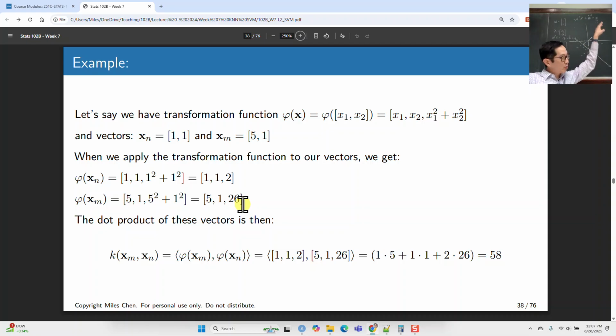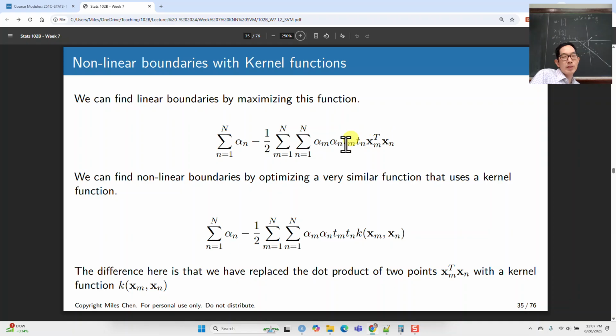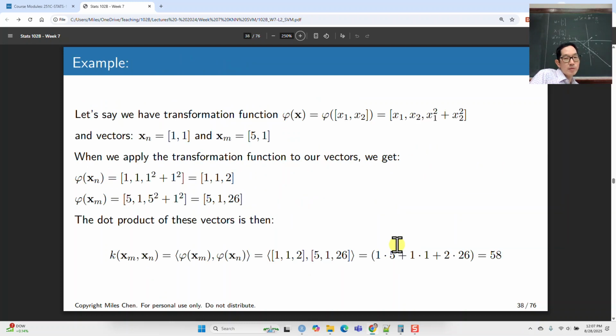Here's my data, it's in 2D, we're going to transform it so now it's in 3D, and then we will use our maximum margin classifier. We could do that. But by just using the kernel function directly, I can keep everything in the same form here. And if I apply the quadratic programming to figure out the optimal solution for this, it's going to effectively be working in that higher dimensional space.